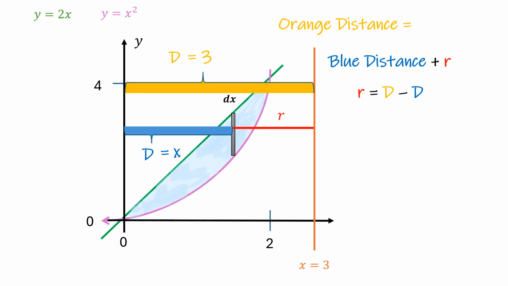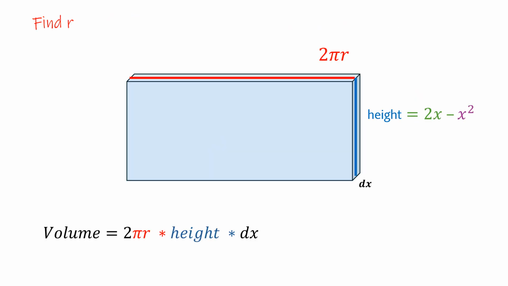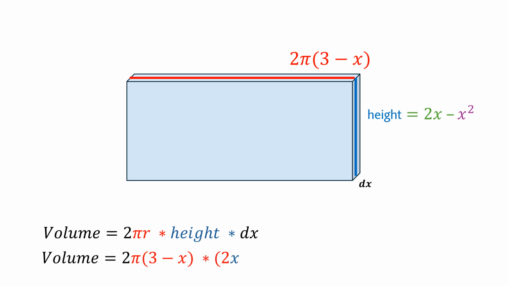So our radius is just 3 minus x. And we have our radius. And now our volume is also found because we have our height and our radius.